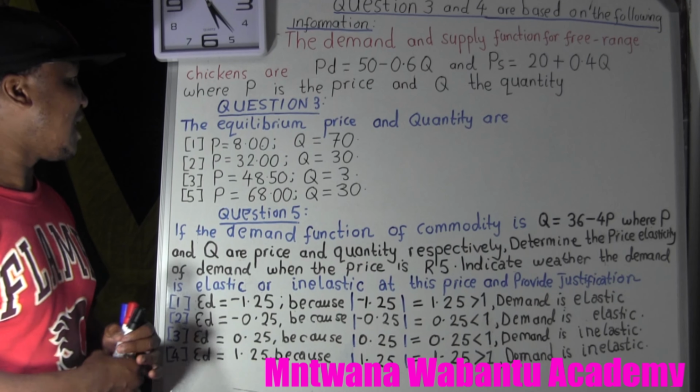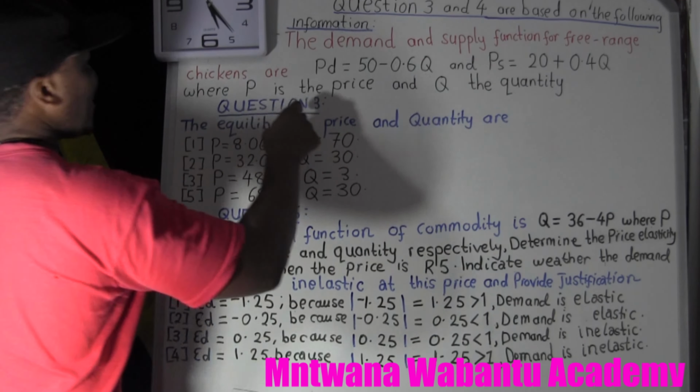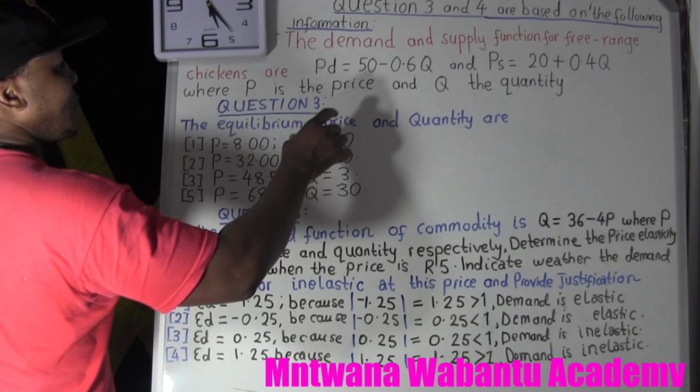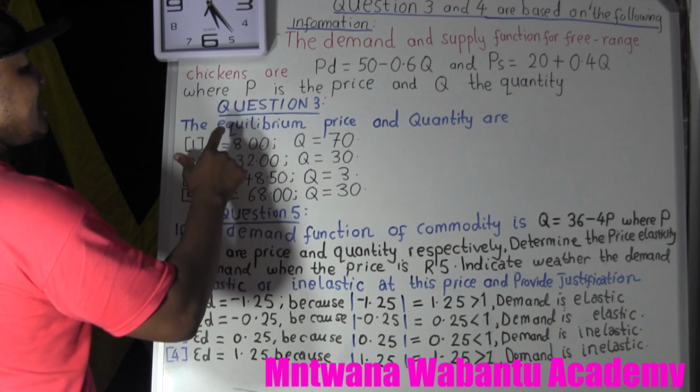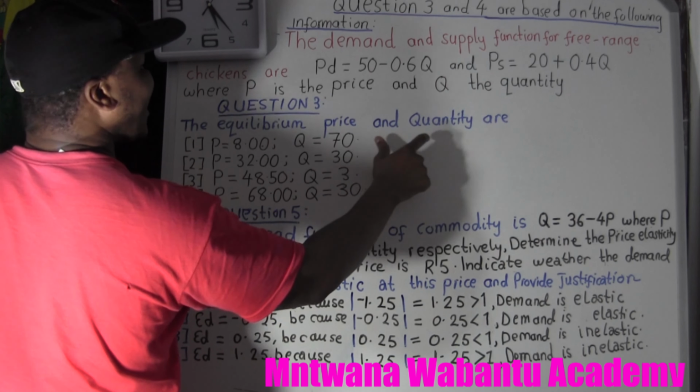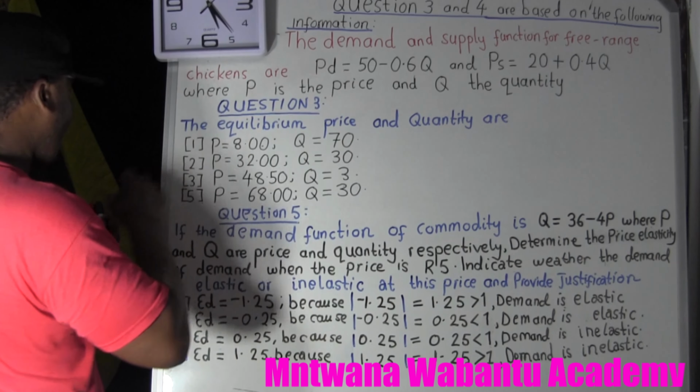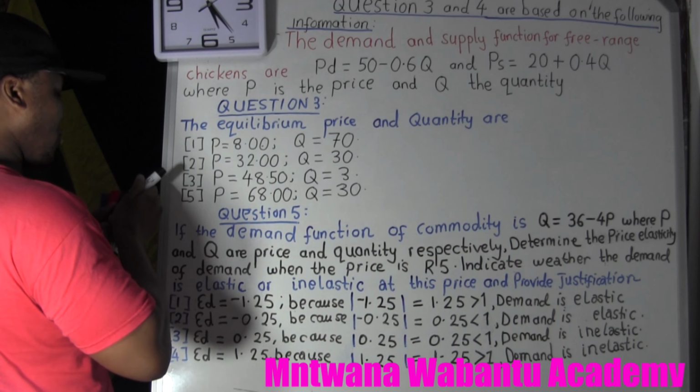The question here is question number 3, based on this information: the equilibrium price and quantity at equilibrium. This is very, very crucial.